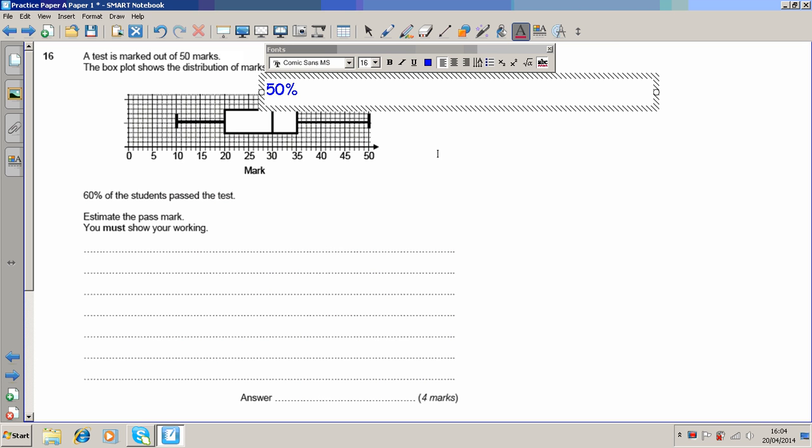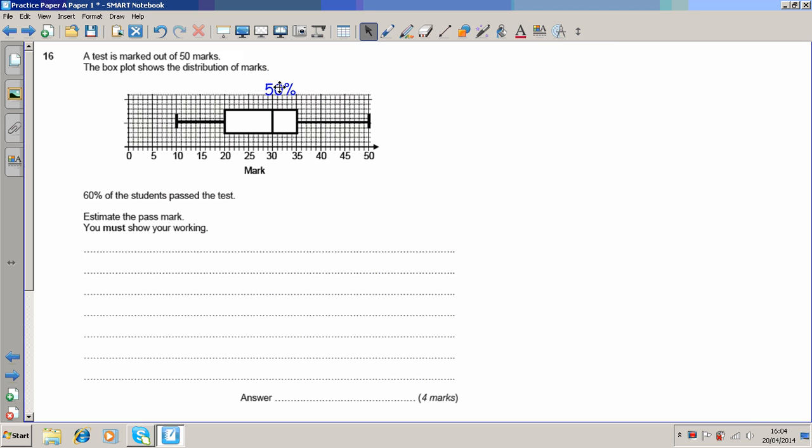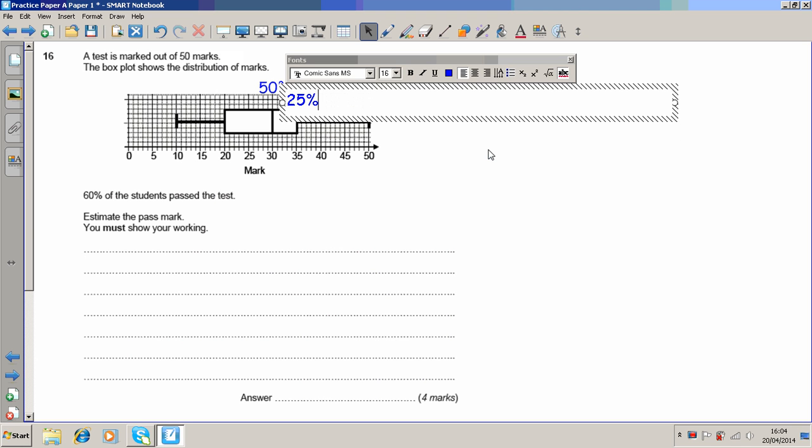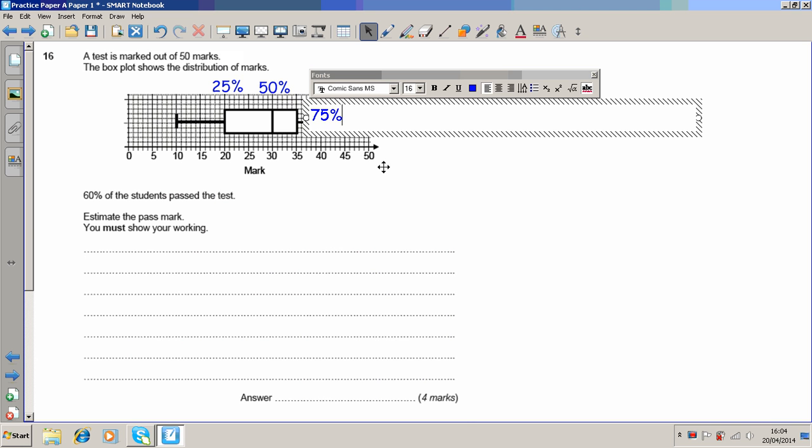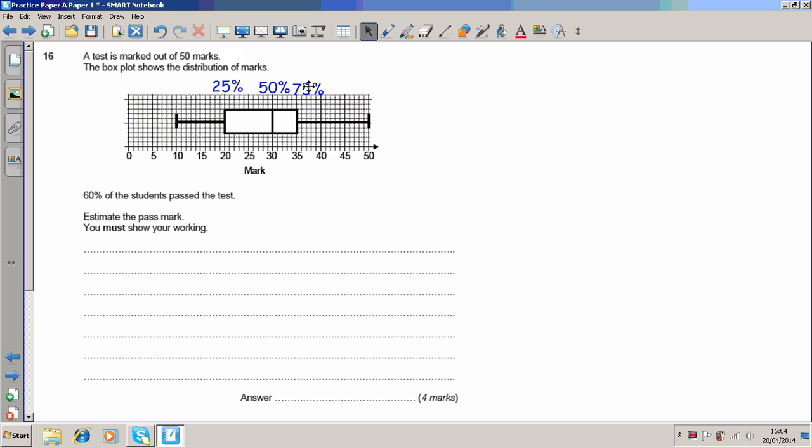So 50% of pupils are at my median there, then 25% is your lower quartile, and then I've got 75% there, so I just need to know what my quartiles are. So your top and bottom of the box and the middle bar going through your box. So 60% passed the test.